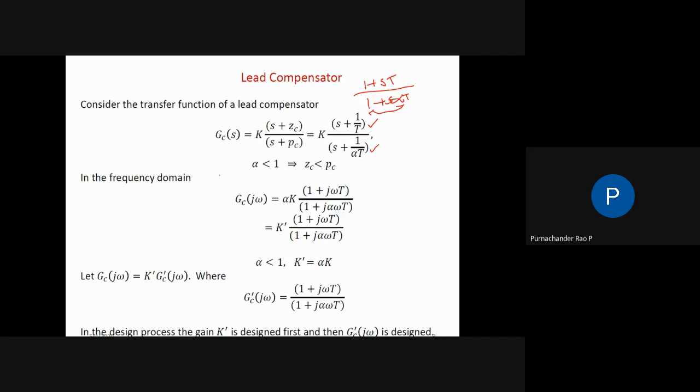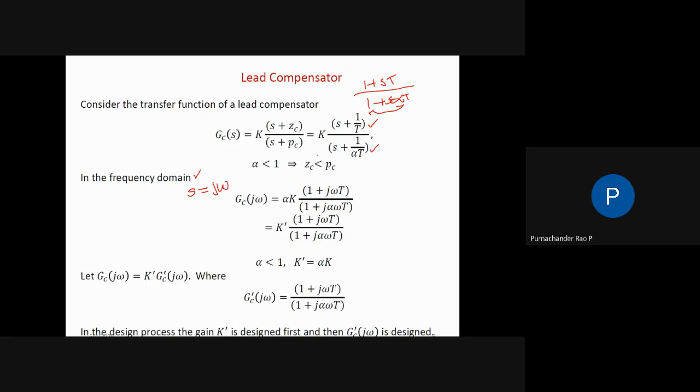Now if I want to design this lead compensator in the frequency domain, we always have to replace s with j omega.